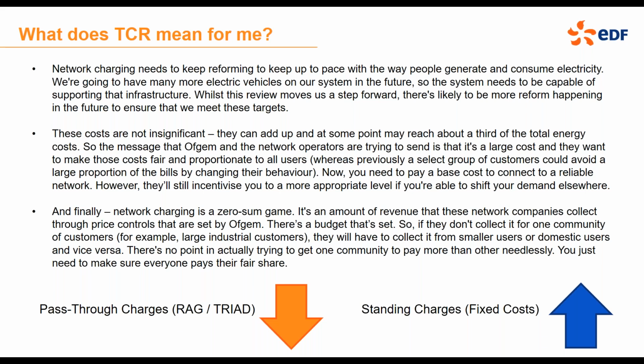It's probably summarised best by those two summary points at the bottom. You now have a significantly reduced opportunity to make any cost avoidance from red, amber, green distribution charges or the historic triad reconciliations for transmission. But you will have seen the standing charges significantly increase, so these fixed cost items will be there.